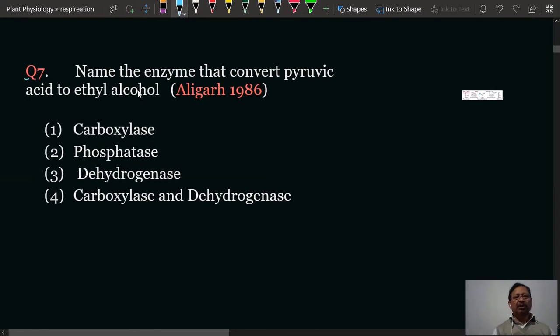Question number 7. Name the enzyme that converts pyruvic acid to ethyl alcohol. From pyruvic acid to ethyl alcohol, that is alcoholic fermentation, 2 enzymes are involved. One is carboxylase, another one is dehydrogenase.